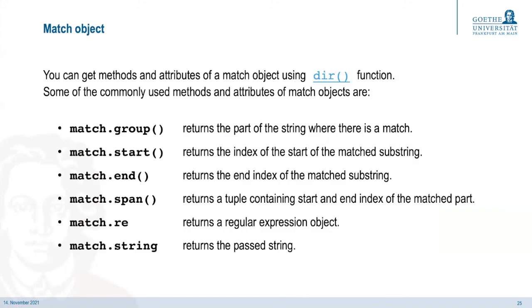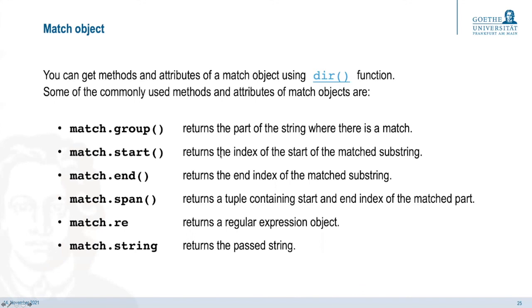Finally, we have match objects. Some of the commonly used methods and attributes of match objects are group, start, end, span, re, and string. Group returns the part of the string where there is a match.